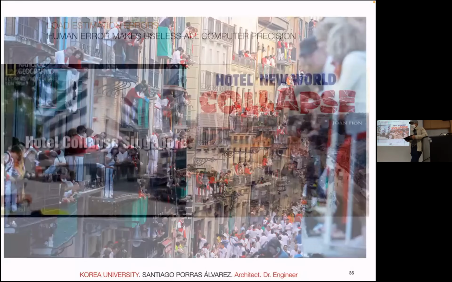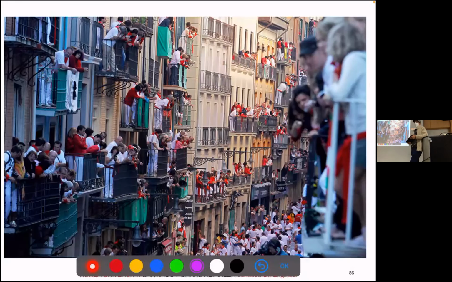Right? And this is Pamplona in Spain. You know, the famous street where people run in front of the bulls. This didn't happen for 2 years, but this image is the nightmare of any engineer. You never crowd a balcony, right? When we calculate, it's like 2 or 3 people per balcony maximum.